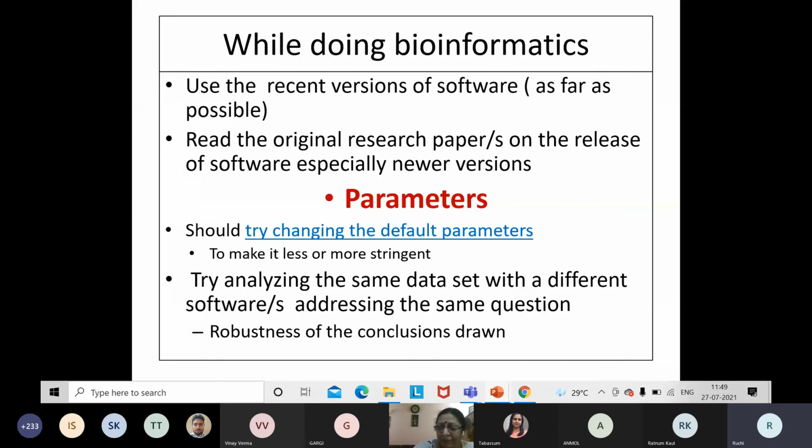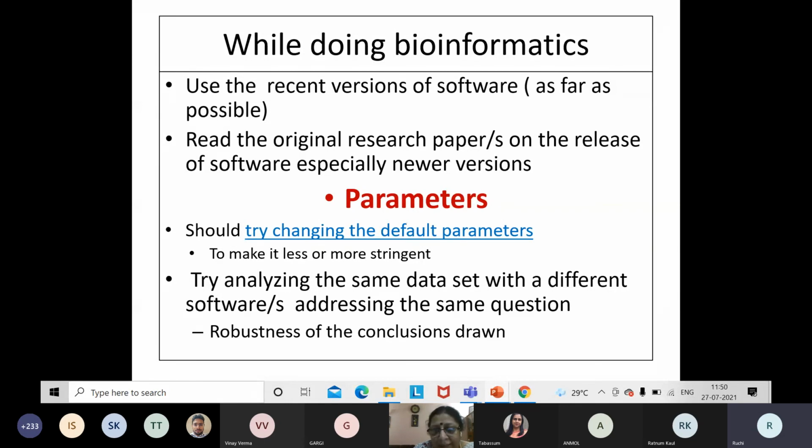A very important observation I have with the students is that any software comes with default parameters. I've seen students don't change those default parameters.